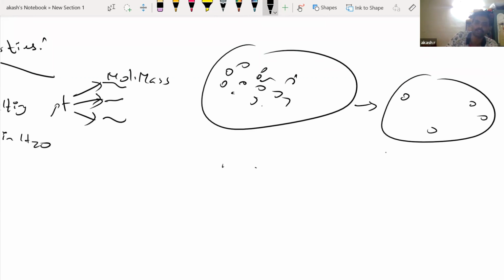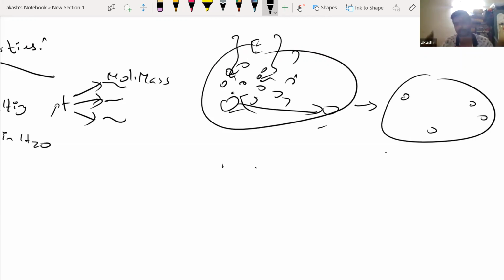Here they will have a very strong force of attraction; here they'll have less. So I have to supply energy to make sure that they go far away from each other. Obviously, the stronger the force, the higher the temperature, or the higher the energy that should be supplied for you to separate them.